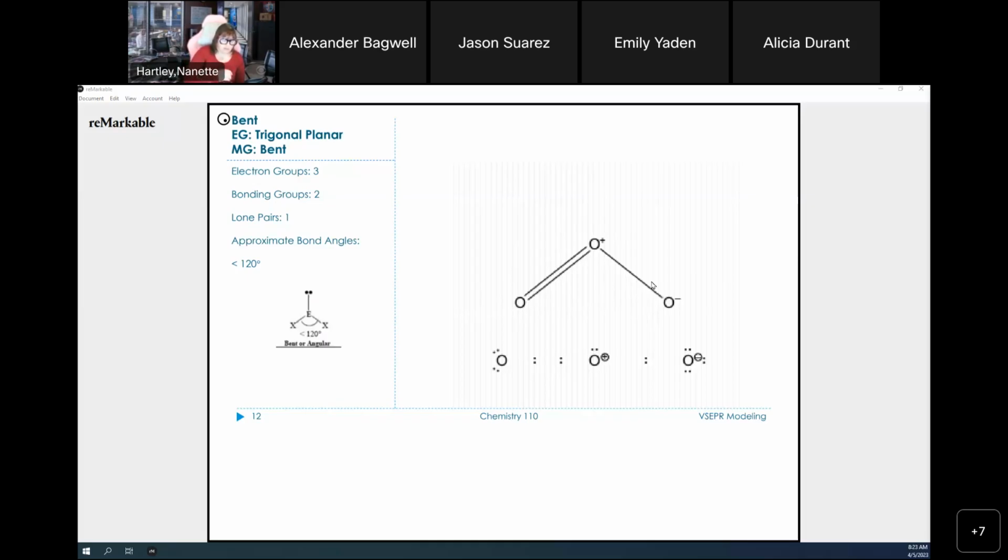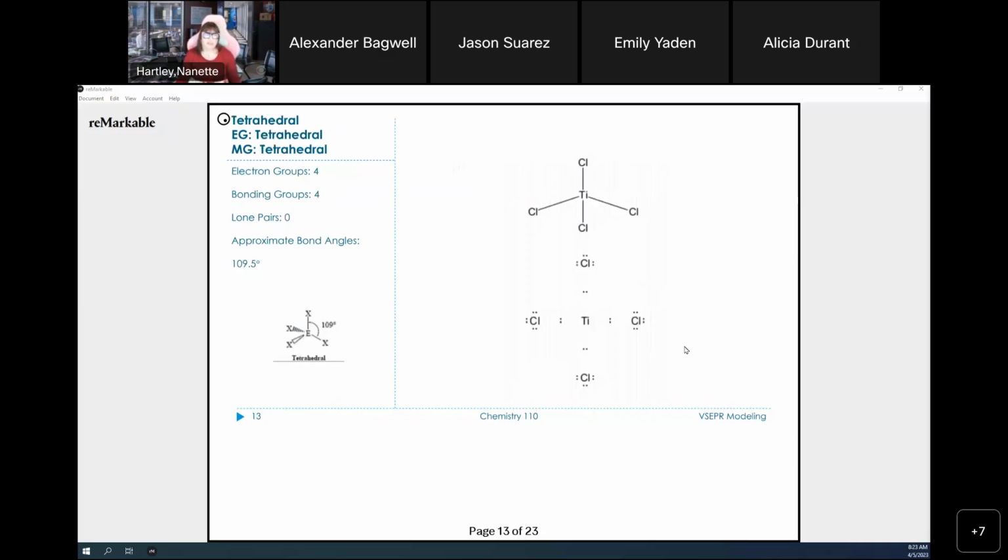The next one that we talk about is tetrahedral. If I have 4 electron groups, all of them bonding, this is a tetrahedral structure. This is the way that carbon exists almost all the time. Here we're looking at TiCl4. Ti is bonded to Cl, Cl, Cl, and Cl, with no lone pairs.